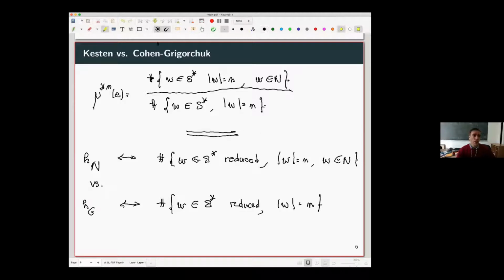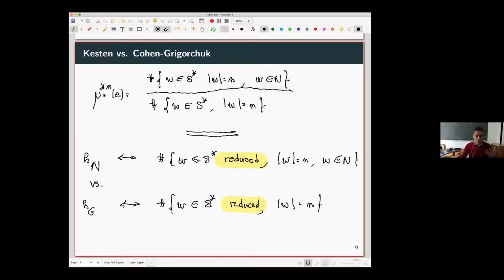So the only difference between the two approaches is that for random walks you consider all possible words, and for exponential growth rate you consider only reduced words.